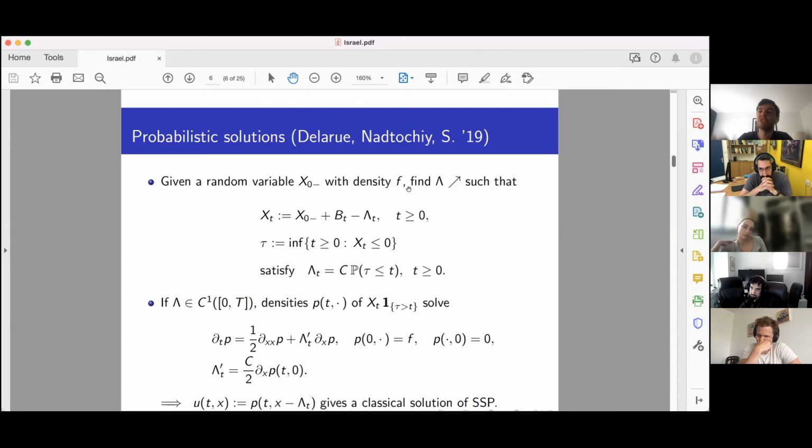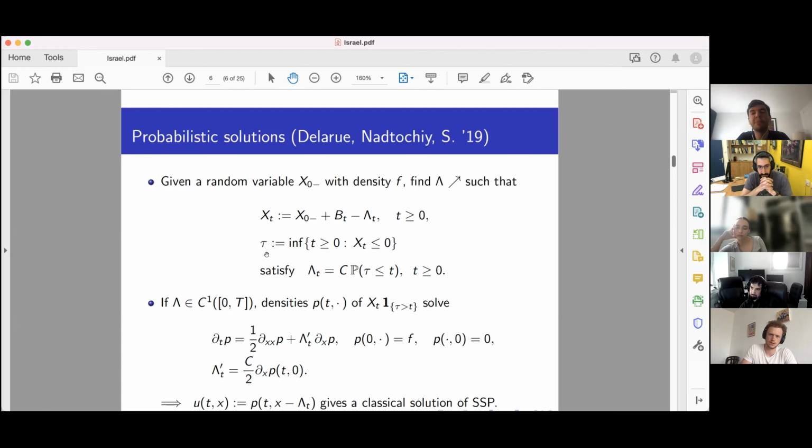And so for those initial conditions, the problem can be stated as follows. We will still be looking for an unknown function lambda, which will describe the frontier between the ice and the water. We'll try to find a non-decreasing function lambda with the property that if you start a Brownian motion according to x0 minus, run it from this initial condition, and keep subtracting lambda sub t, the resulting process x is supposed to have the following property.